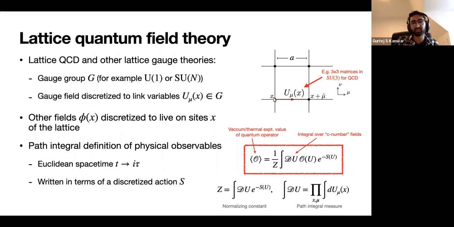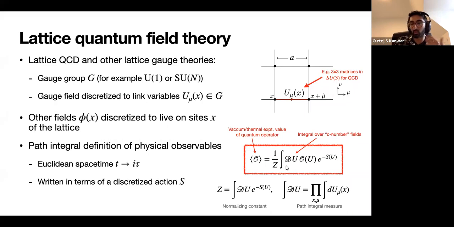But regardless of those details, at the end of the day, for a given discretization, one can essentially just prescribe a path integral definition for any given observable by saying the vacuum expectation value is, in this regulator, the path integral over all of these dynamical field degrees of freedom that live, say, on the links or on the sites, but a finite number of them.